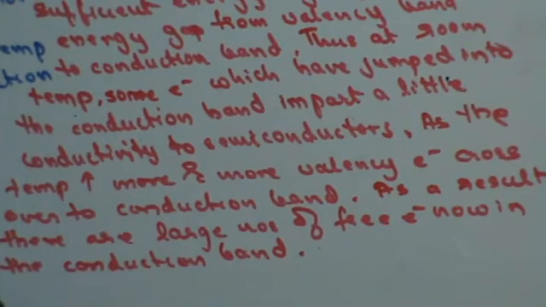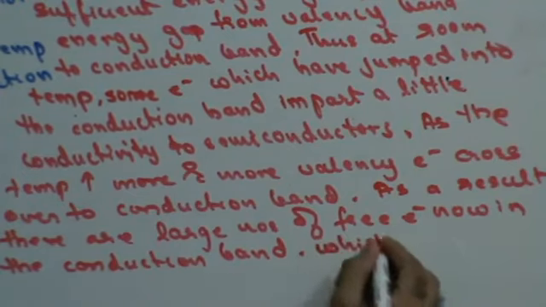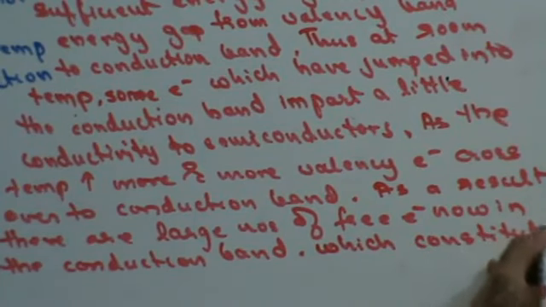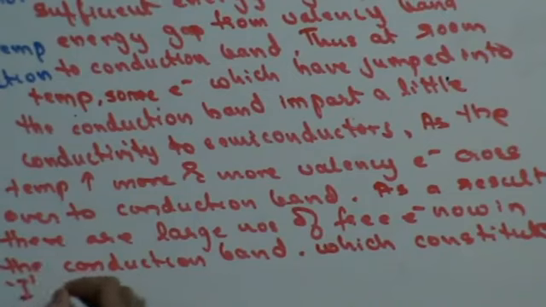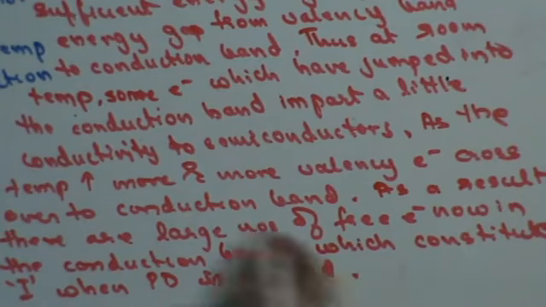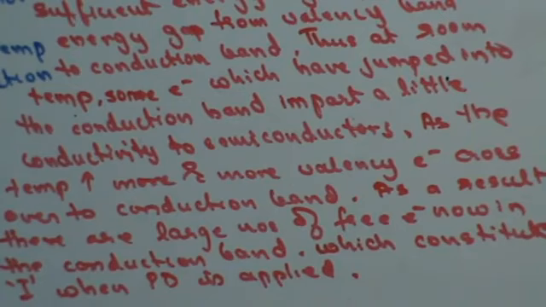Right? Which help to constitute current when potential difference is applied. So this is how you have the behavior of semiconductors at absolute zero and at room temperature.